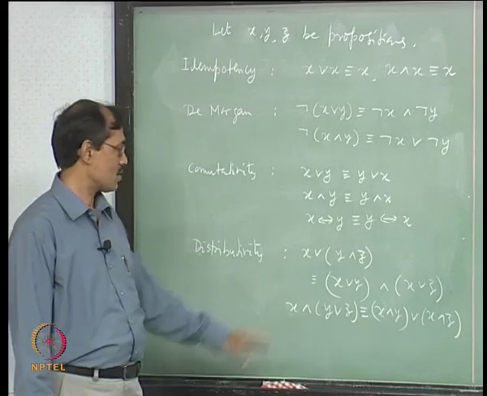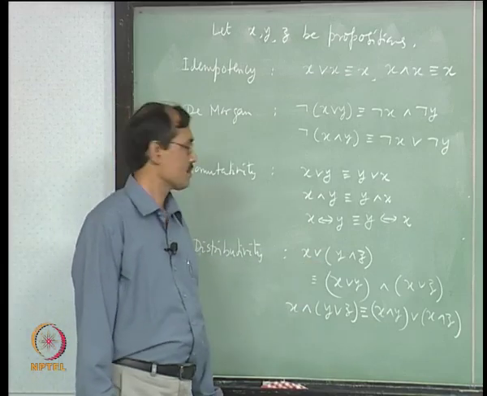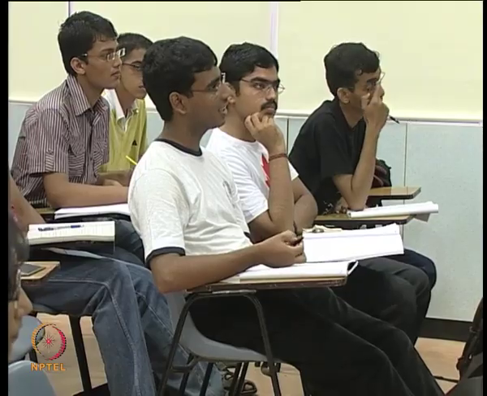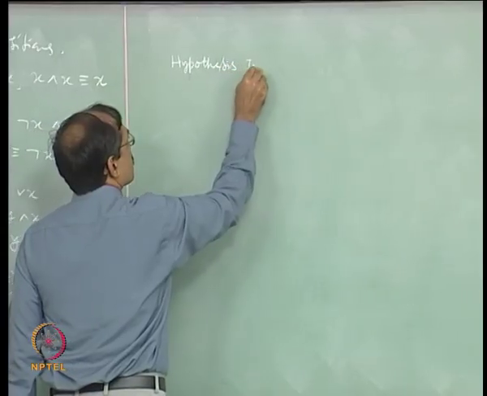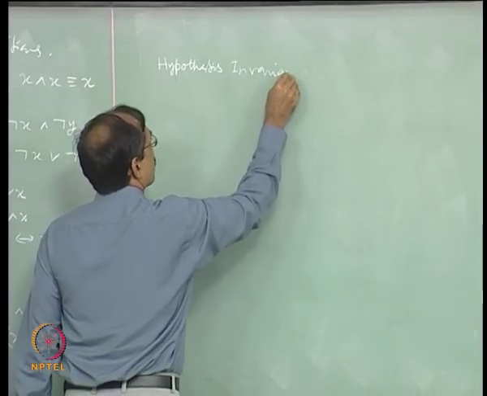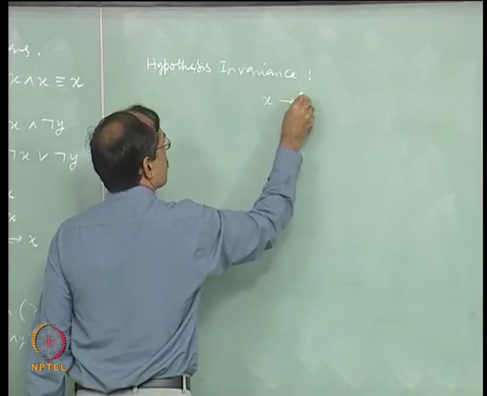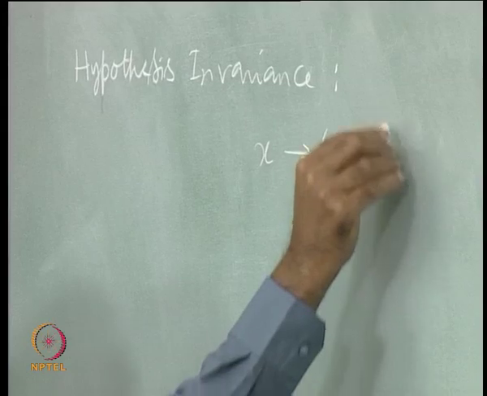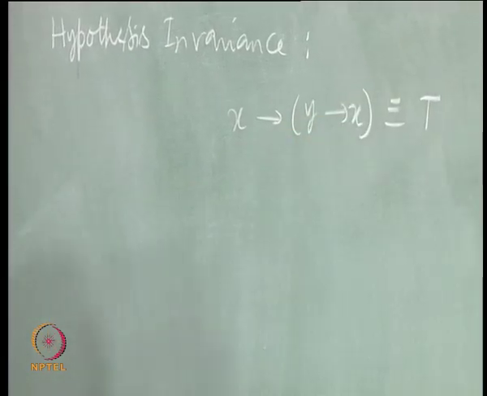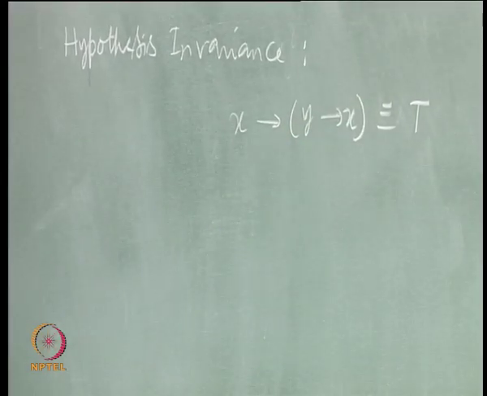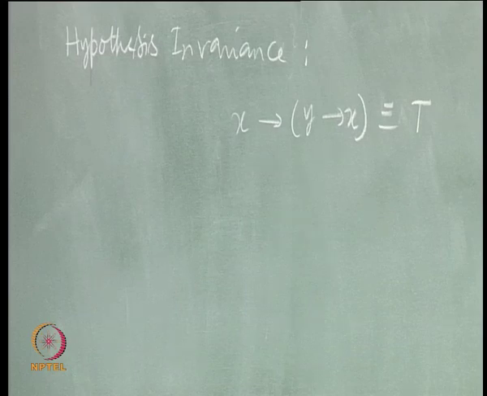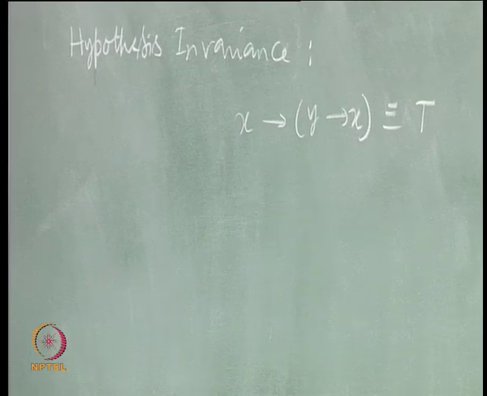Okay. So, there are so many other distribution laws. Something called hypothesis invariance. It says x implies y implies x is valid. Okay. And that distribution of implication also you can take as one of the laws.